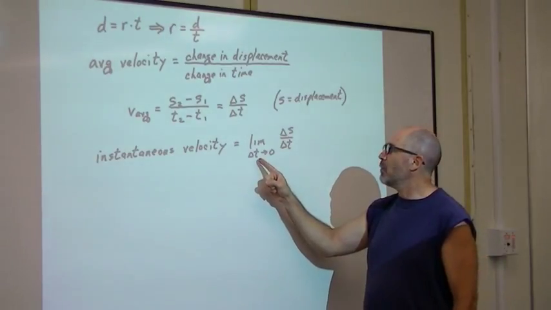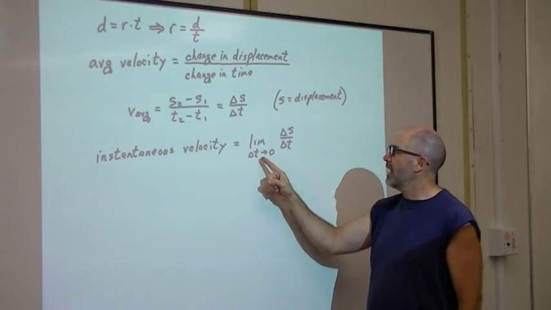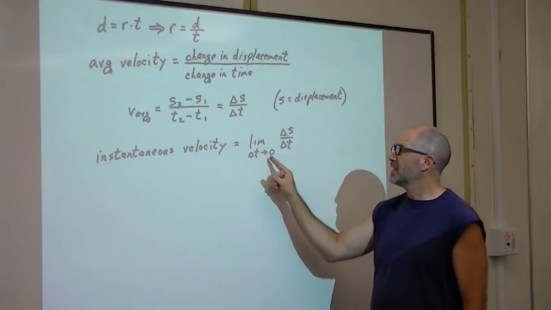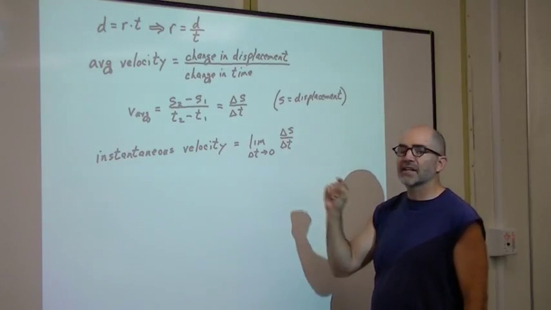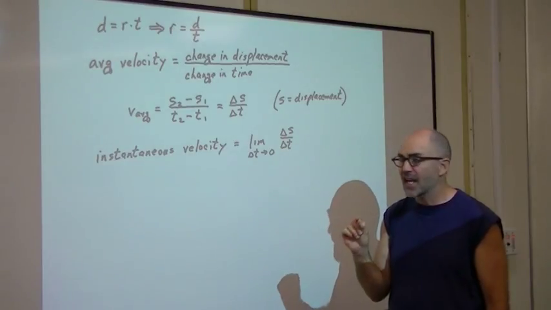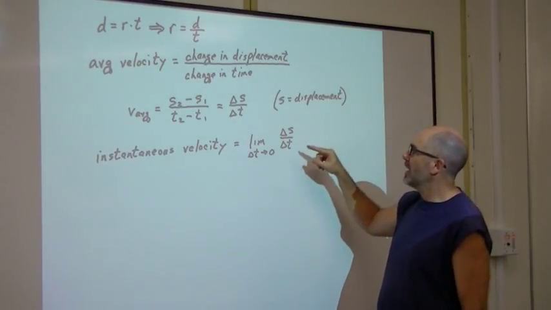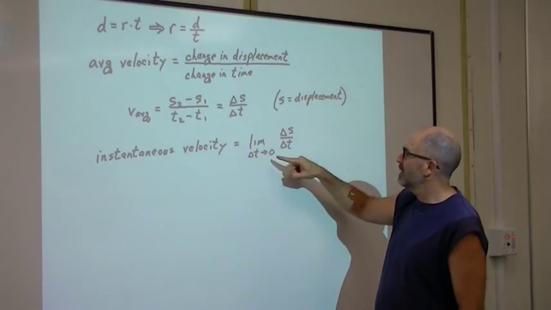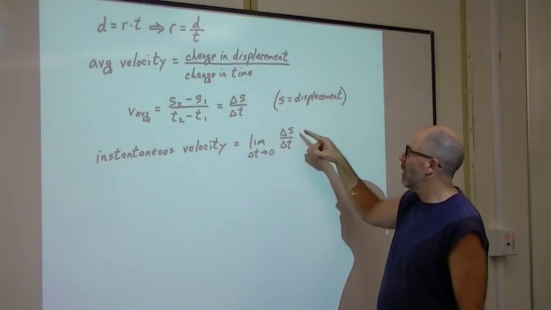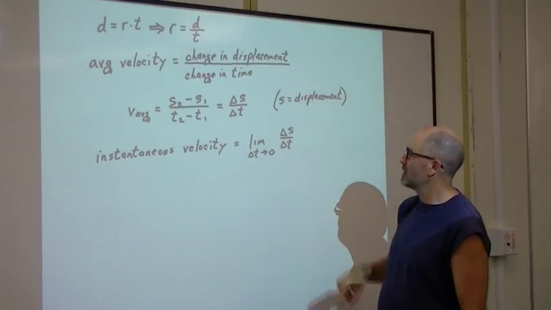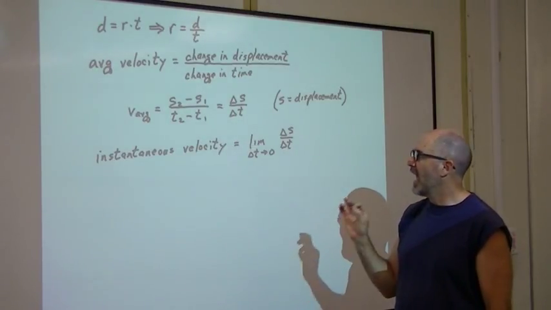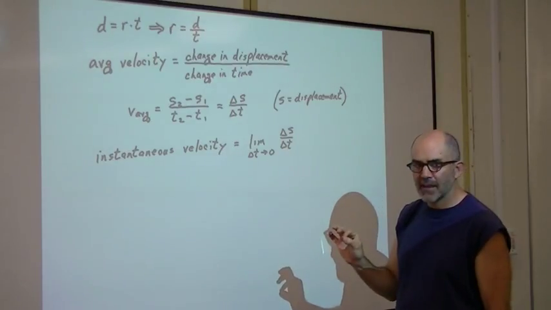Well, if I want to know a specific time, then my change in time must approach 0, because I want one specific time. So my instantaneous velocity is the limit as delta t approaches 0 of delta s over delta t, which is going to be in miles per hour at a specific time.